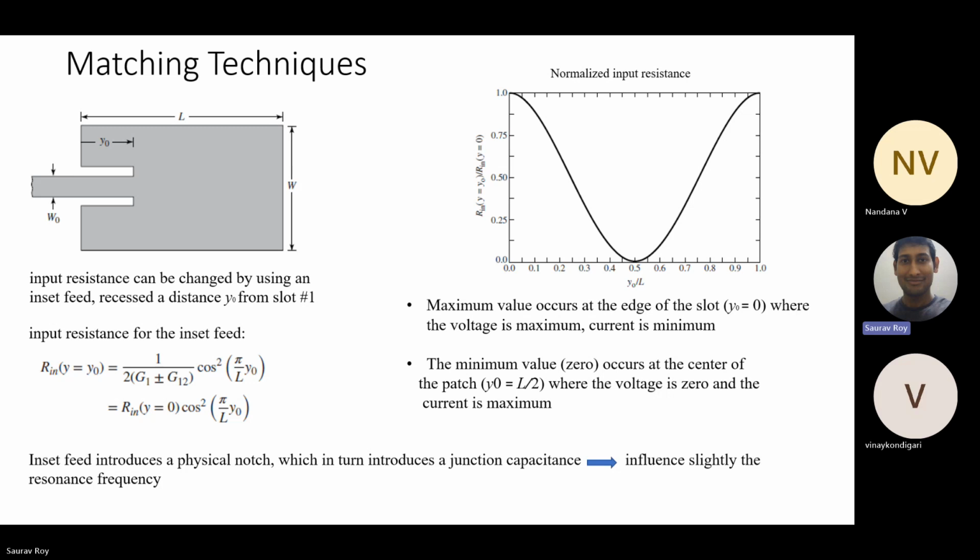At the other end, at slot 2, it should have maximum voltage and minimum current, and the same at slot 1 also. Voltage should be maximum, current should be minimum. That is the condition of open circuit. So at the middle of the patch antenna, that means L equals L by 2, you should have minimum zero voltage and maximum current, because the whole goes through a lambda by 2 variation. So this curve, if you see the plot, is a cos square pi by L variation. It is a cos variation.